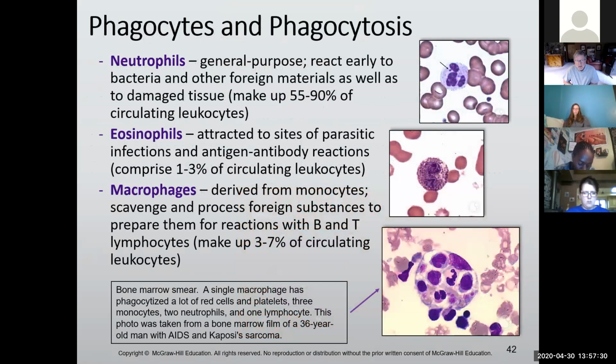Here are 3 of the most phagocytic types of white cells. It kind of depends upon what the offender, if you will, the pathogen is. For example, the eosinophil, we tend to talk more about it when we're dealing with parasitic sorts of infections.